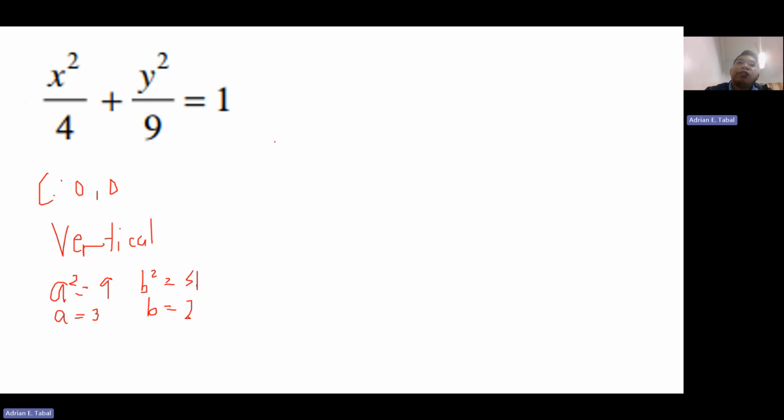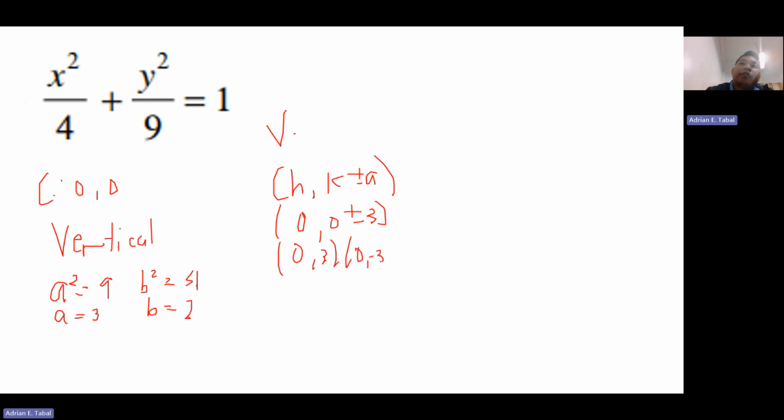So for the vertex, since this is vertical, so this h, k, plus minus a. So h is 0, k is 0, so plus minus 3. So the major axis points are 0, positive 3, and 0, negative 3.